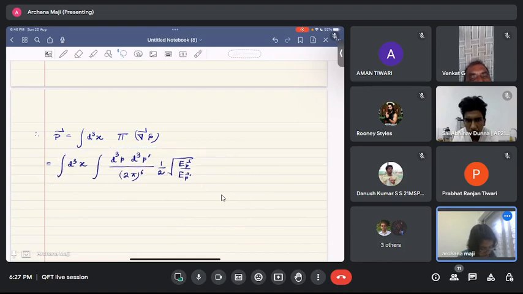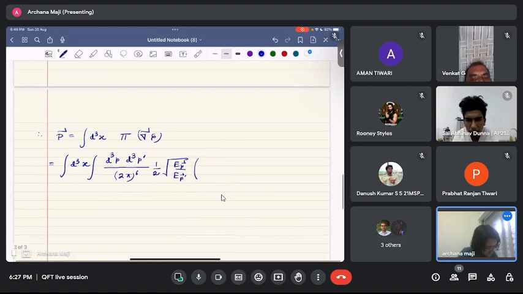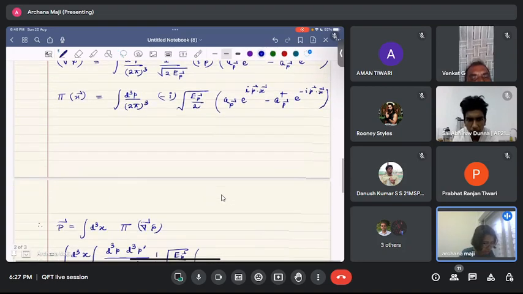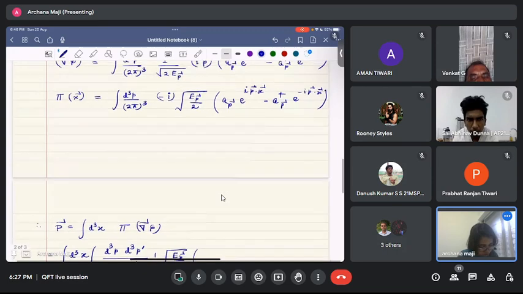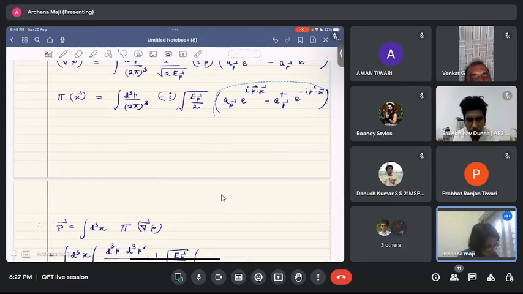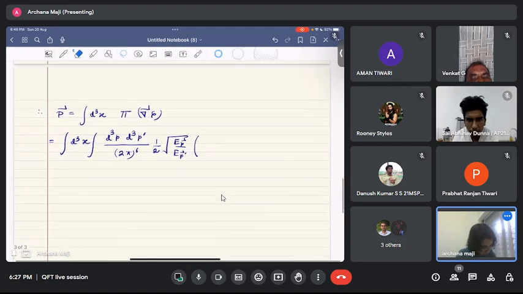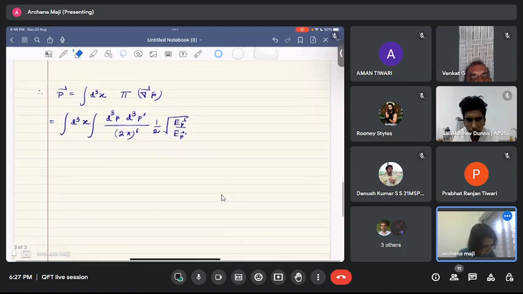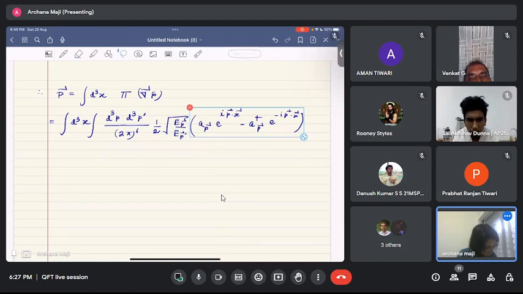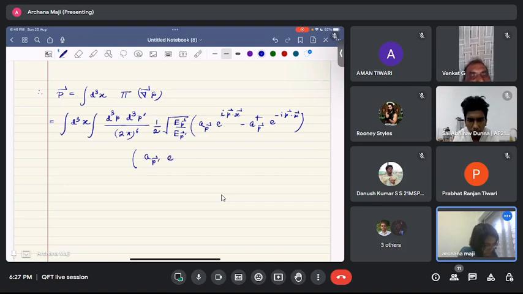Then pi is, let me just copy this portion. And the gradient of phi has a_p prime exponential of i p prime dot x.